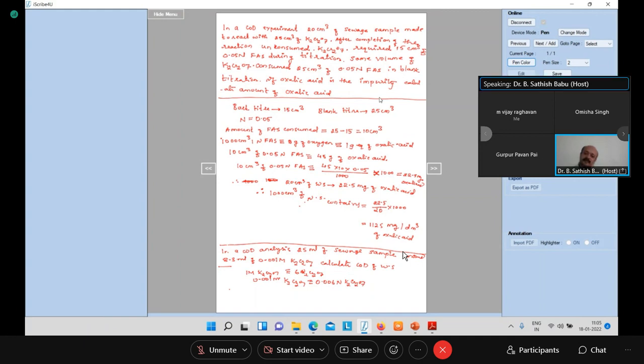Sir, how did you get 1 molar K2Cr2O7 equal to 6 normal? Do you know how to calculate the equivalent weight of potassium dichromate? Did you attend that first lab class? There we explained how to calculate the equivalent mass of an oxidizing agent, right? Potassium dichromate is the oxidizing agent; in acidic medium it acts as an oxidizing agent.